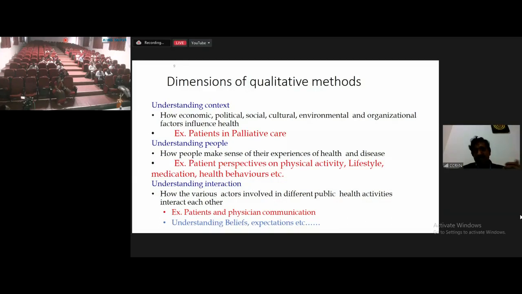Understanding interaction is another concept. How various actors involved in different public health activities interact with each other, like patient-doctor communication. What does the patient ask the doctor? What does the doctor ask the patient? A simple example I'll give you. We did a survey on patients with stage 1 and 2 cancer, all solid tumors, breast cancer, head and neck cancer, ovarian cancer, lung cancer, and so on. We just asked them how many of them practice complementary and alternative medicine.